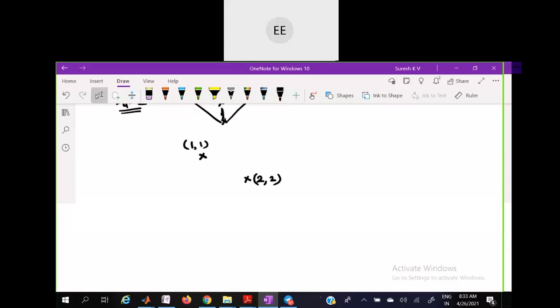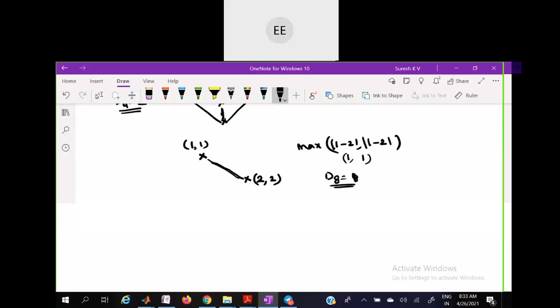By definition it is the max of absolute value of 1 minus 2 and absolute value of 1 minus 2. So the absolute value of 1 minus 2 is 1, and the maximum of that is 1. So the d8 distance between these two pixels is 1. Okay, d8 distance is 1.